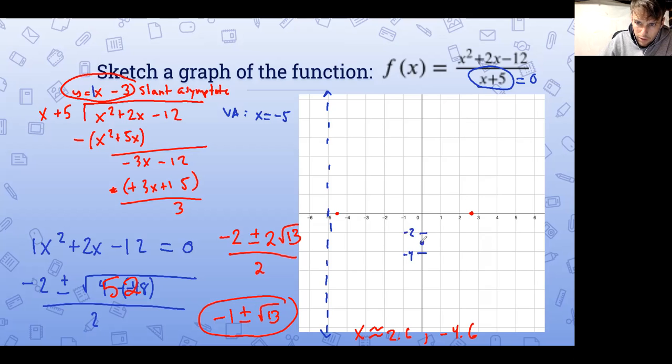So -3 would be right in there. And a slope of 1 would be up 1 over 1. I'm just going to use the line tool to draw that. Okay, that's my slanted asymptote.